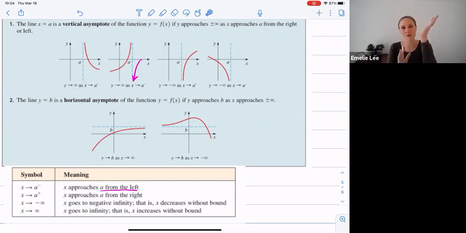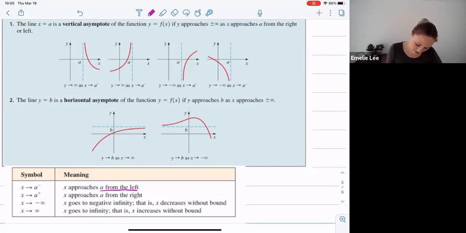So we have different behaviors depending on which side of a we're coming from. And so these are our different options. It can go down to negative infinity or up to positive infinity. How we decide which way it's going, it's going to follow the procedure that we used in 1.8 with inequalities. Okay, so we'll have done it sort of before.